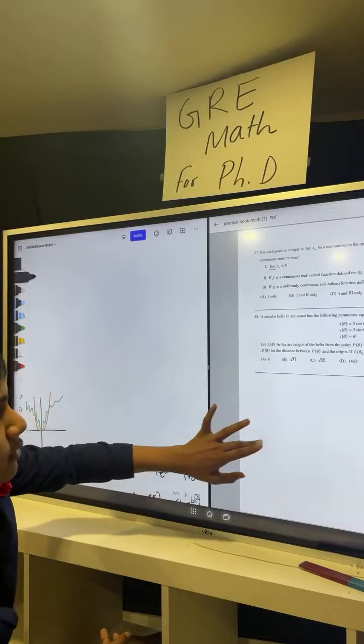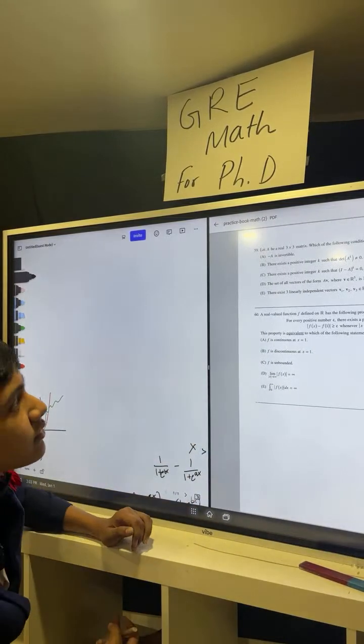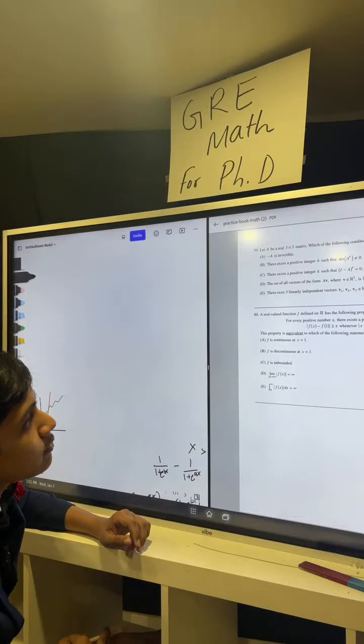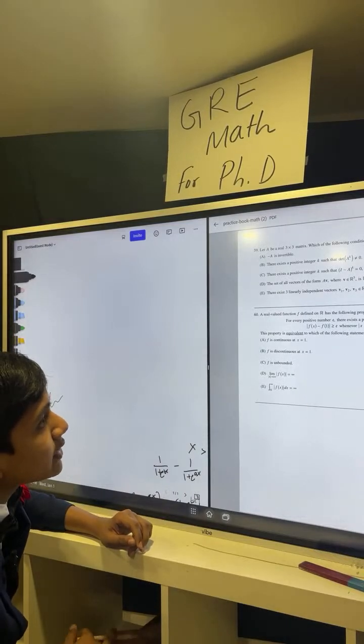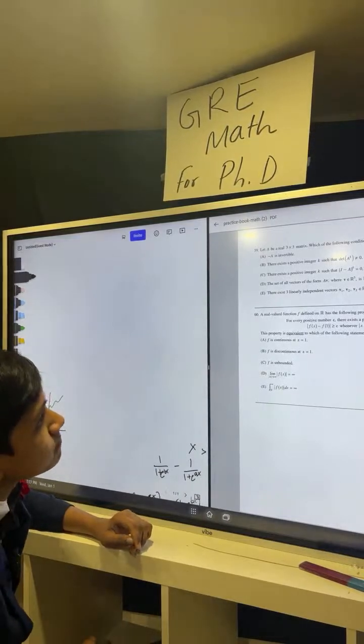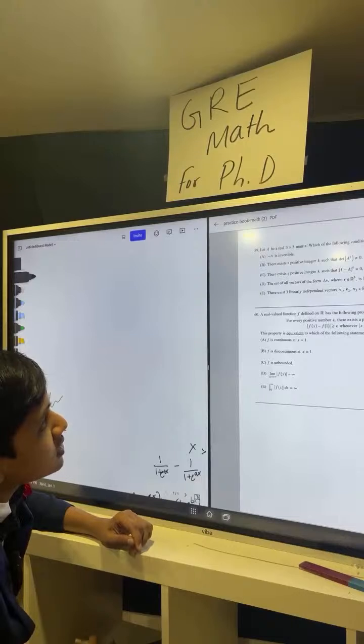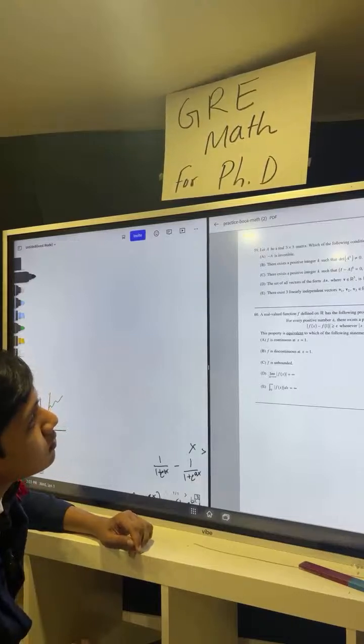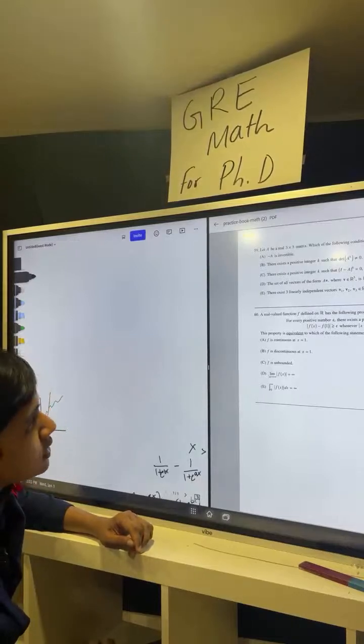I'm not going to do that question. 59. Let A be a real 3x3 matrix. Which of the following doesn't imply that A is invertible? That implies it. That implies it.